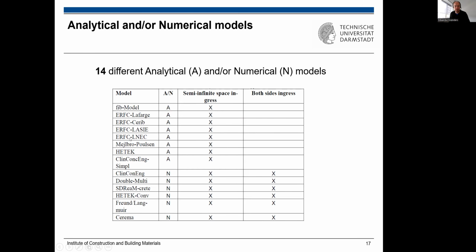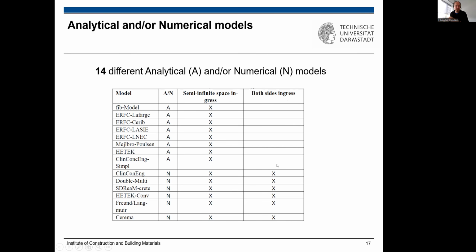Which is numerical and which is analytical is indicated here by A or N: N is a numerical model and A is an analytical model. If it's semi-infinite space, that is analytical. When we have ingress from both sides, you can also do that with a numerical model. A numerical model has more flexibility.